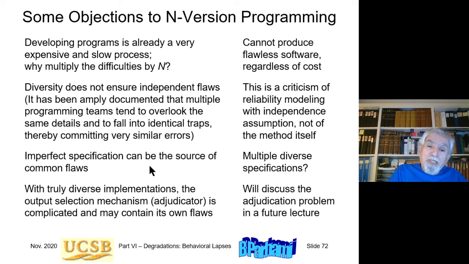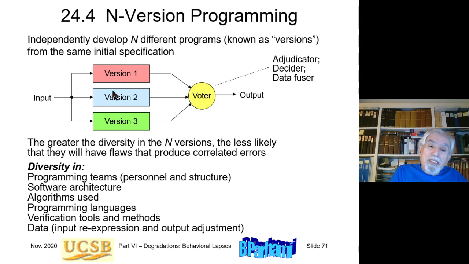Okay, imperfect specifications can be the source of common flaws. These programming teams are given a specification of what they should develop, and it's very possible that the specification contains errors. If you give an erroneous specification to 3 teams, then obviously they all will produce bad software.